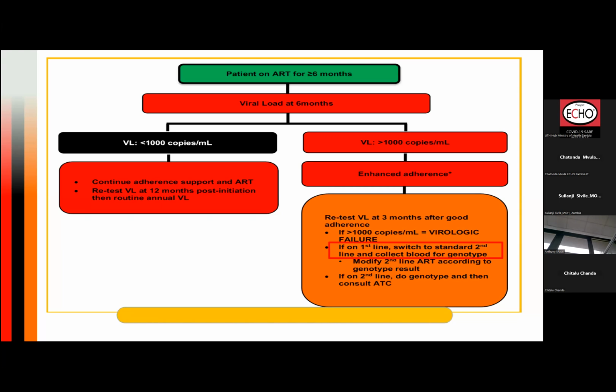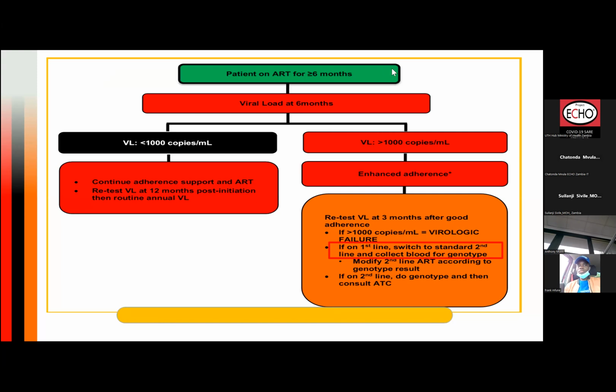So the best time is really when somebody is taking the ARVs. Here, you expect that the susceptible populations, the wild type, will be cleared by the drugs, and the ones that will be dominant will be the ones that are not susceptible to the drug. So this is very crucial information.